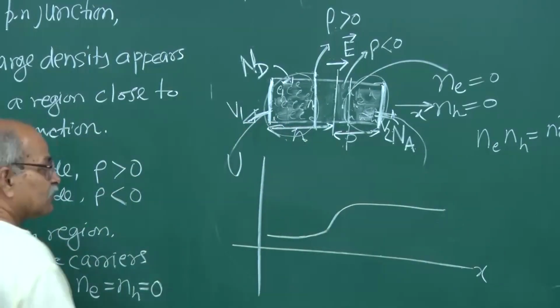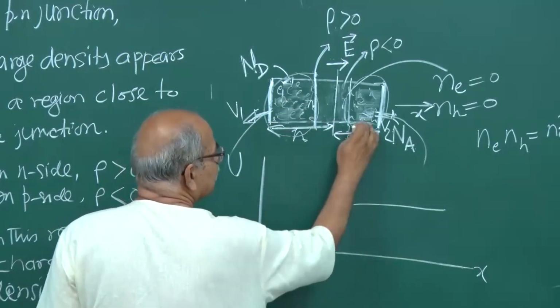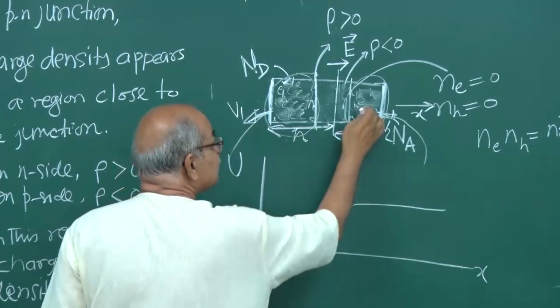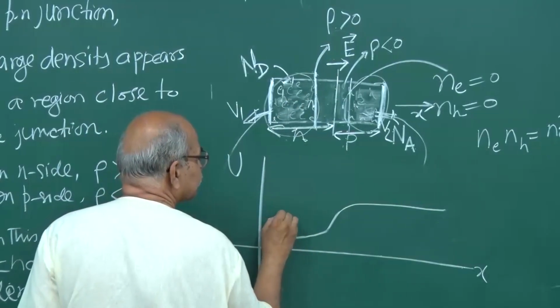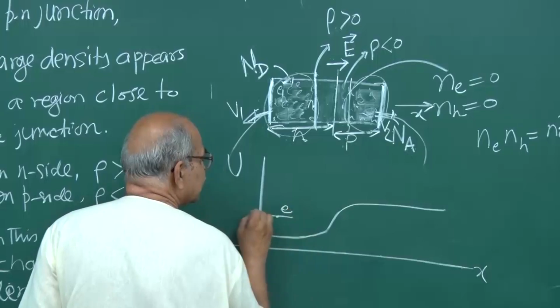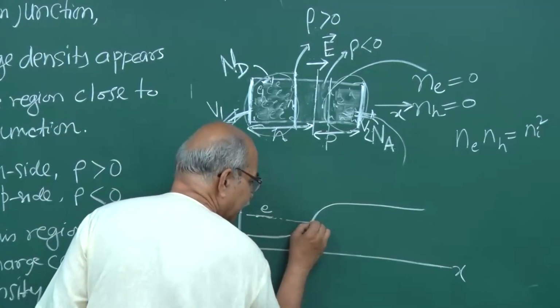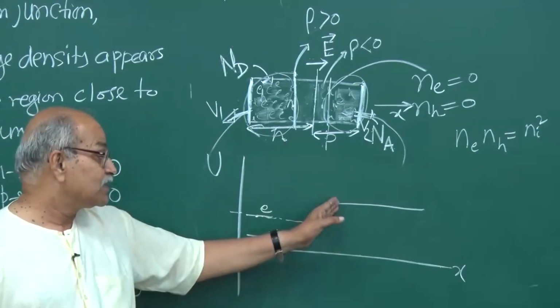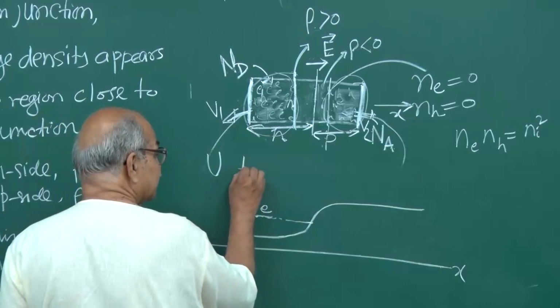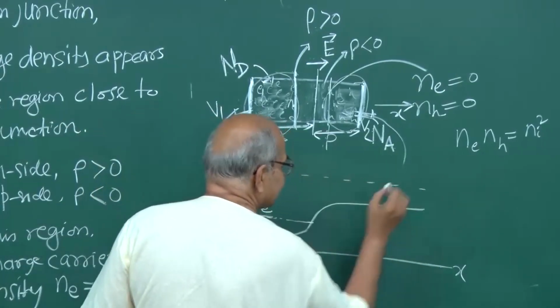So if electrons try to go from this negative side to that positive side, n type to p type, left to right, and they have some energy, say this is the energy of the electron, then it finds that there is a barrier out here. If the electron has this much energy, then it can go into this region.